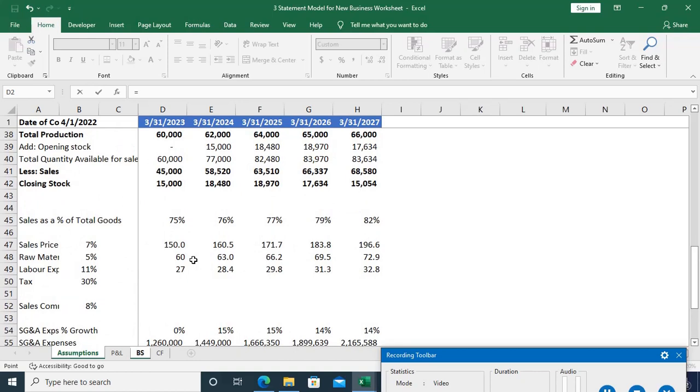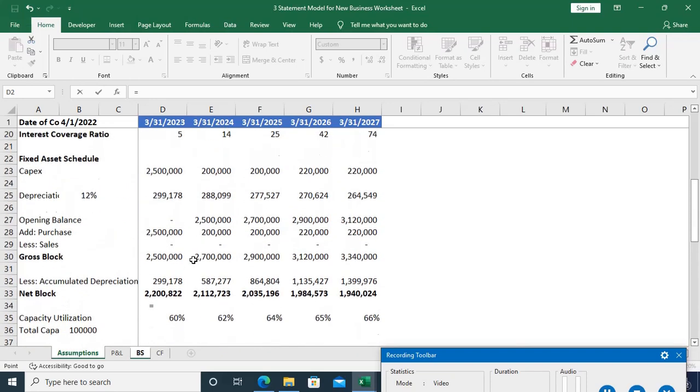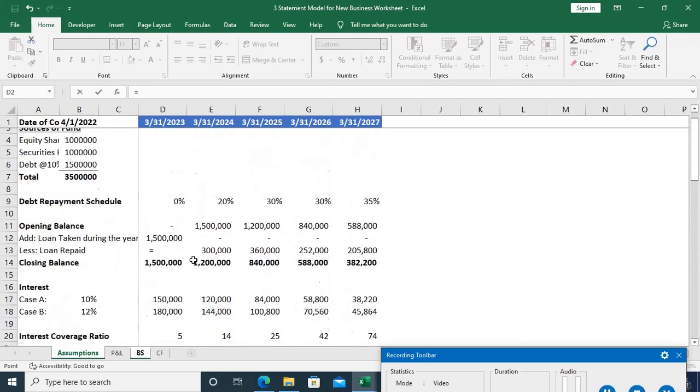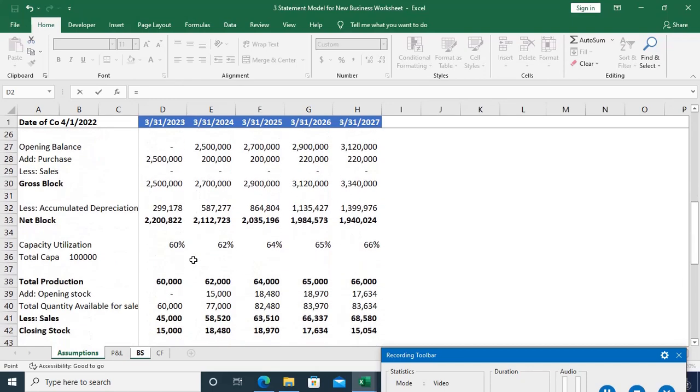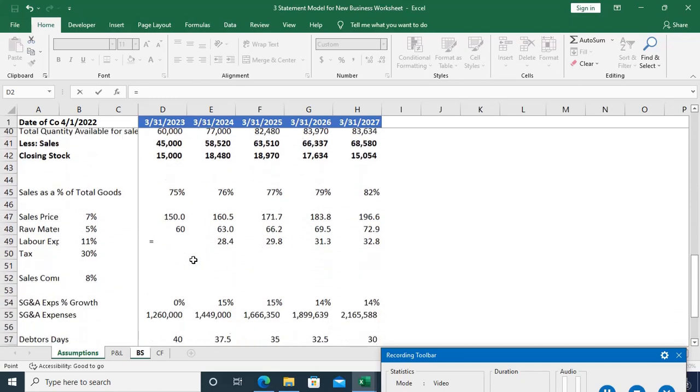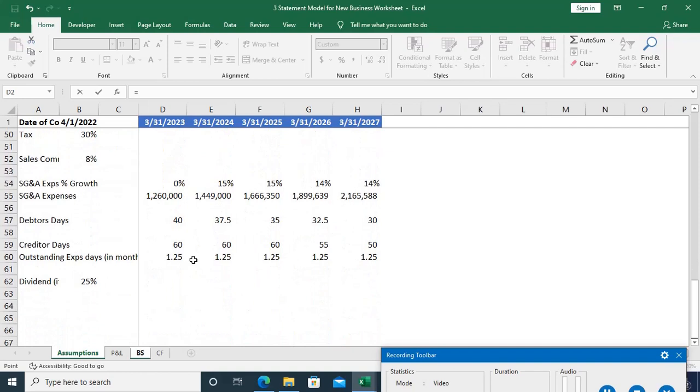So what used to be the raw material purchases? Did we make any creditor schedule here for linking? No. It's okay, we can directly do it.